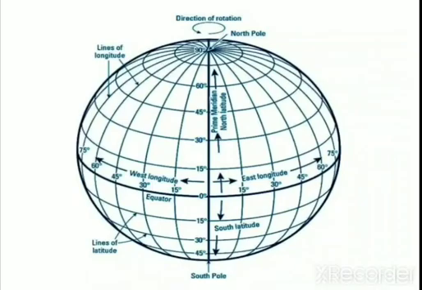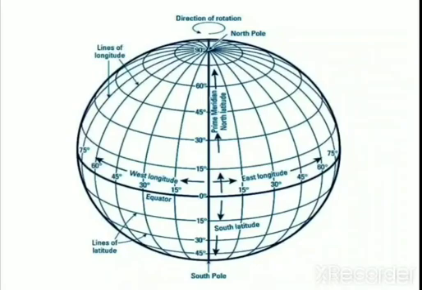The latitudes and the longitudes are a global system which precisely identifies locations, using the equator as the reference point for latitude. The prime meridian is used as a reference for the longitude lines.